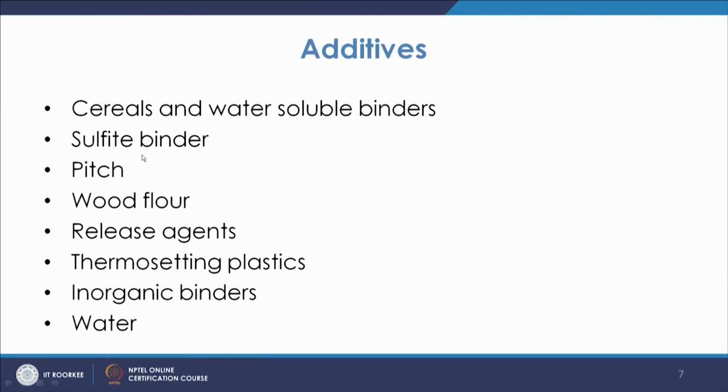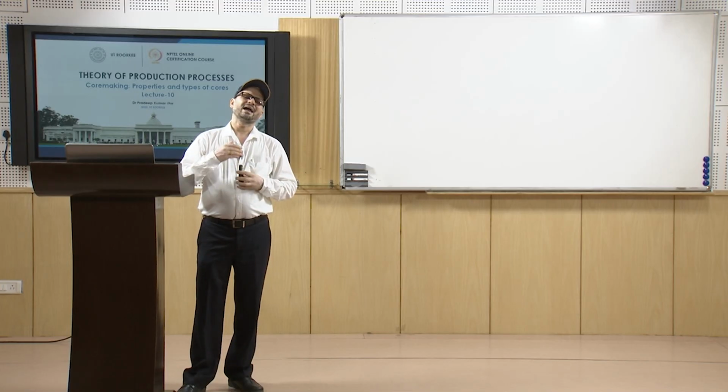You use pitch for giving a very high hot strength. Hot strength will be increased by the use of this pitch. Now, wood flour, if it is used, is used at close to 1% or so, and it will increase the collapsibility of the core.